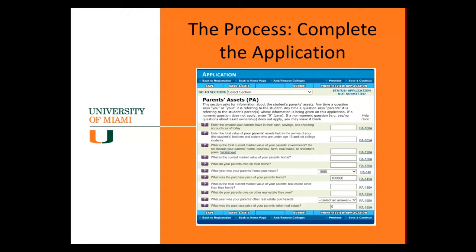Can you hear me? Hi there. Hi, how are you? Thank you for the session, by the way. I'm a returning parent. My daughter is a sophomore in the School of Nursing. It seems that this form on the parent side seems to be very skewed towards assets and nothing about liabilities. Could you address that? So liabilities in terms of the debt associated with those liabilities?